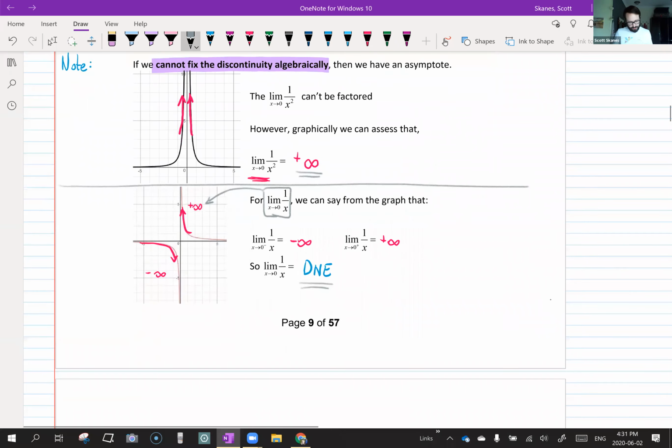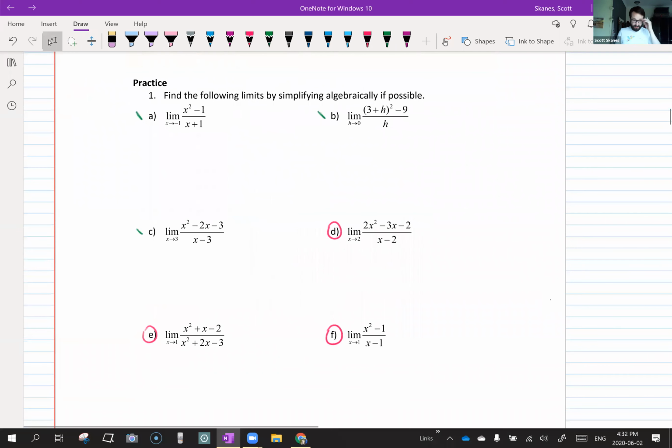Okay, let's actually do the simplifying. This is stuff that I think you'll find quite simple once we get to it. Find the following limits by simplifying algebraically if possible. First things first. What was the first thing I said to do? No matter what, when you're given one of these questions, what's the very first thing I said to do? What's the first strategy?